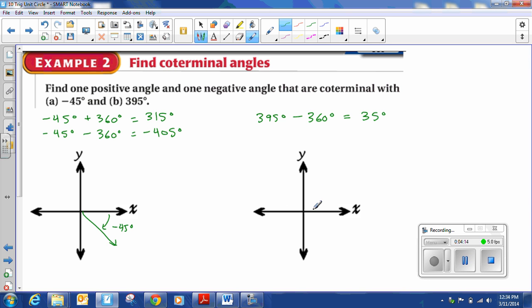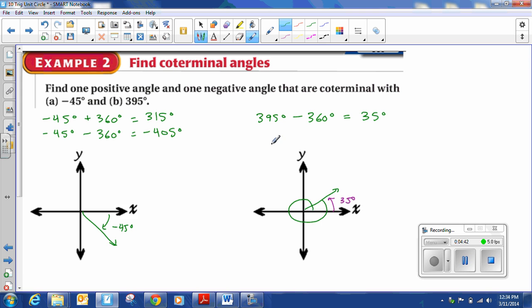One time around is 360, and then another 35 degrees is right about here. So 360 is a full circle, then another 35 gives us 395, but if we only started with 35 degrees, we'd end up coterminal, 35 degrees.